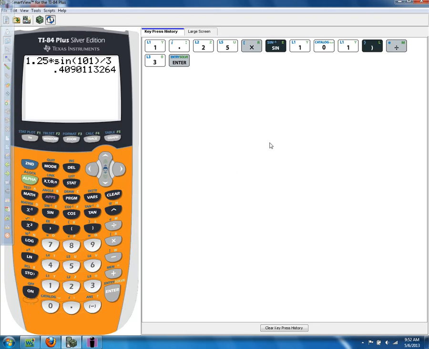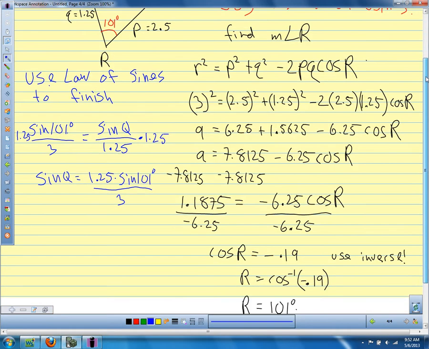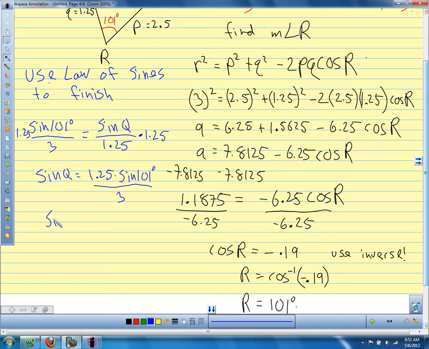All right, so we get 0.4090. So we'll go back to our problem. So sine of Q equals 0.4090. Notice I kept 4 decimal places. I have the sine of the angle. I want the angle. What do I have to do?